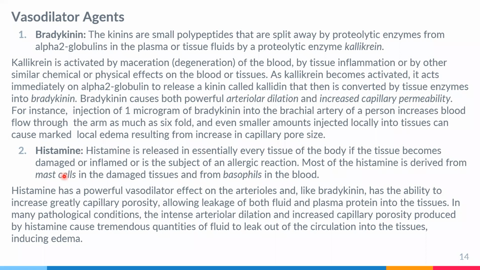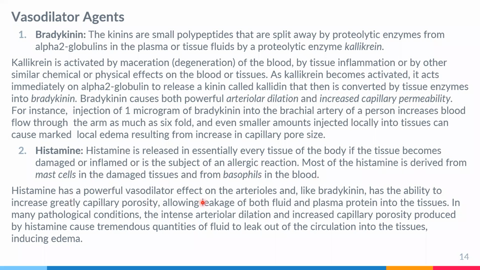Next, another vasodilator agent that we will look into is histamine. Histamine is released in essentially every tissue of the body if the tissue becomes damaged or inflamed or is subject to an allergic reaction. Most of the histamine is derived from mast cells in the damaged tissues and from basophils in the blood.